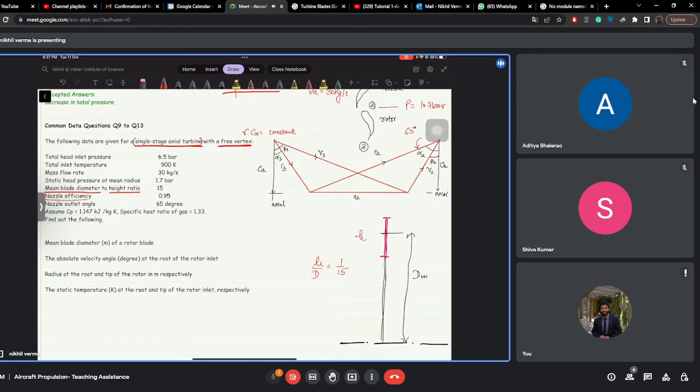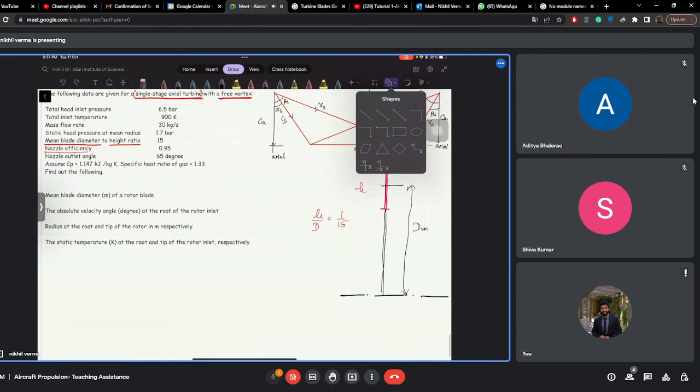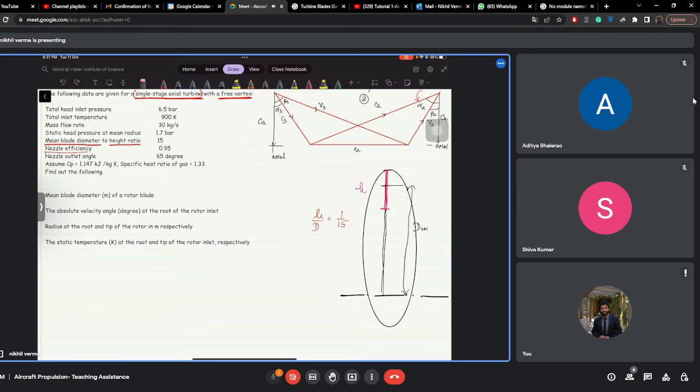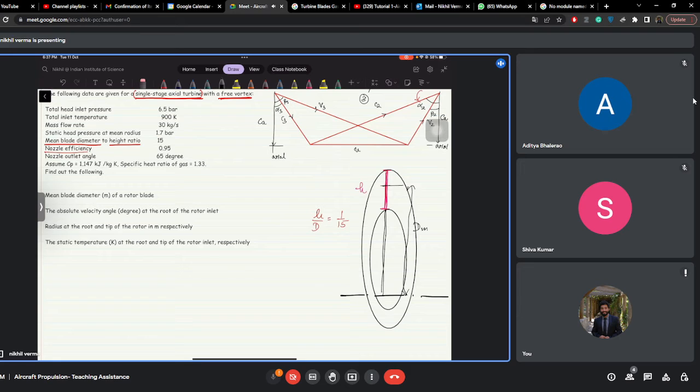Any idea how to go ahead with this? How to calculate the mean blade diameter? So let us assume that we have this information, and also we have the mass flow rate. If I assume this is how it looks, in this region the flow will take place, right?